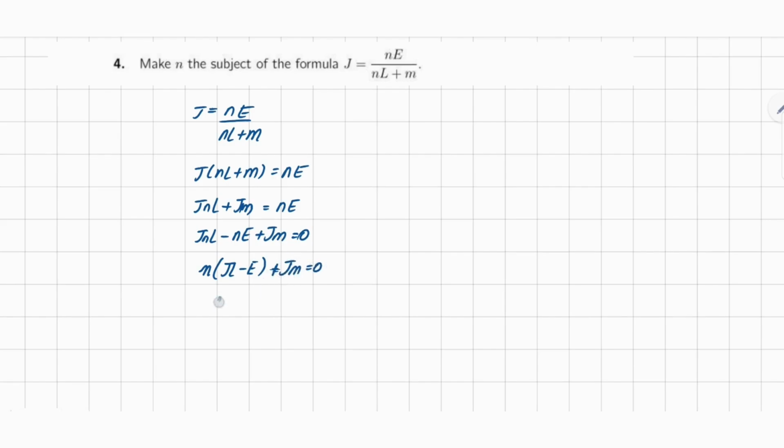Subtract the entire thing by J M. Divide the entire thing by J L minus E. I can rewrite that as, I can multiply the negative sign in the denominator, and I will get J M over E minus J L as my final answer.